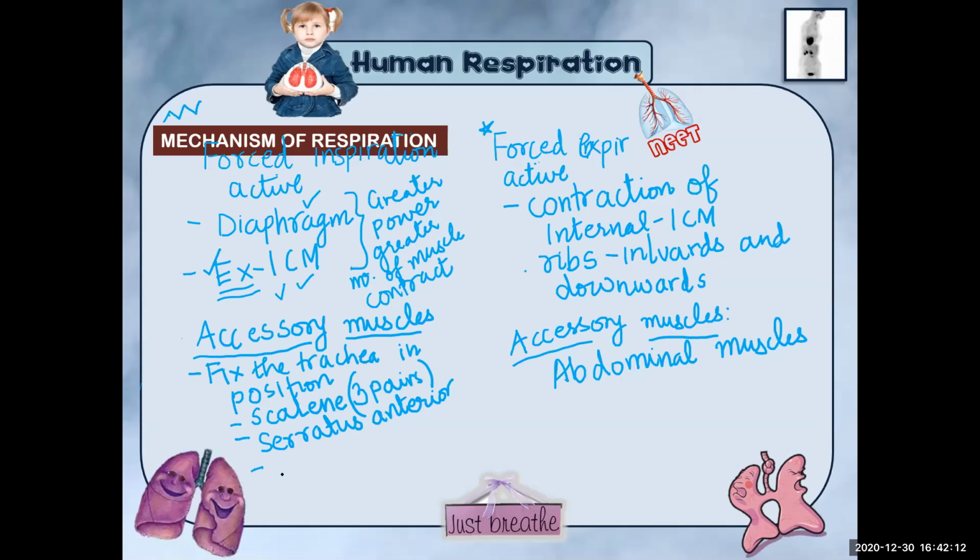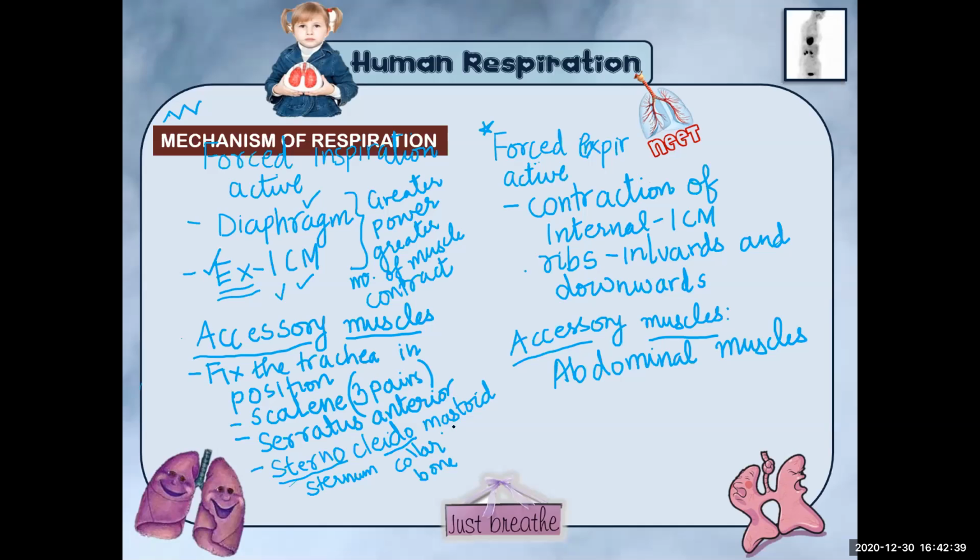And the third one is called sternocleidomastoid muscle. स्टर्नो का मतलब है स्टर्नम पे अटैच्ड है. क्लीडो का मतलब है क्लैविकल या कॉलर बोन पे अटैच्ड है. सो एक मसल है जो स्टर्नम पे भी अटैच्ड है, कॉलर बोन पे भी अटैच्ड है.